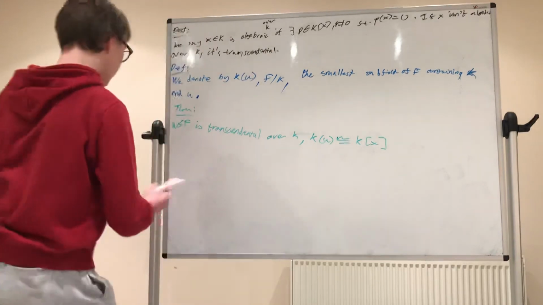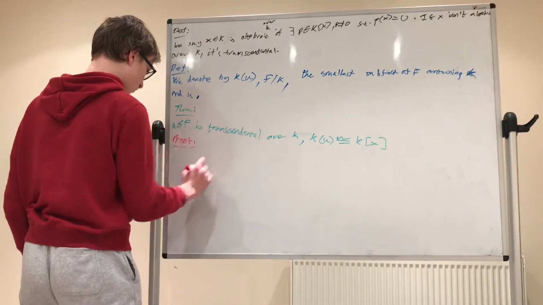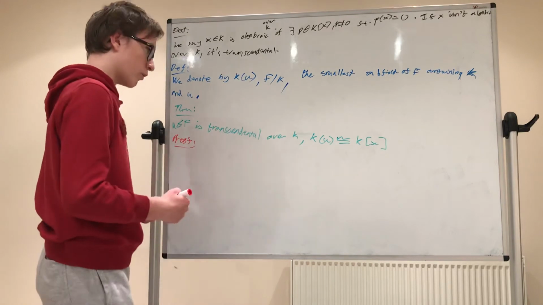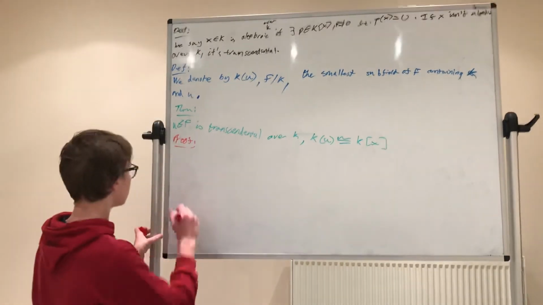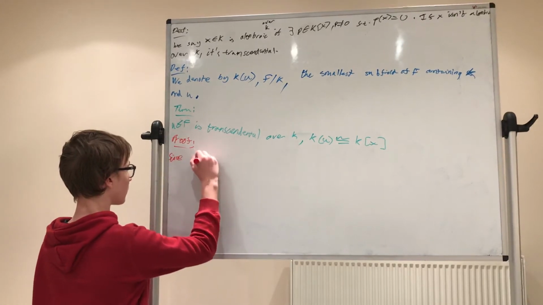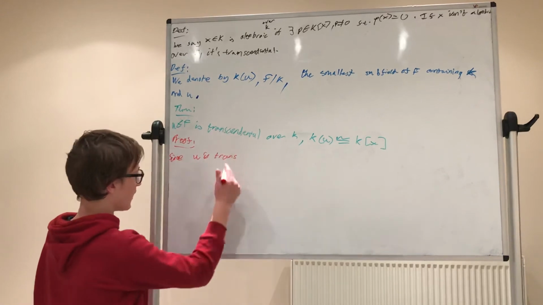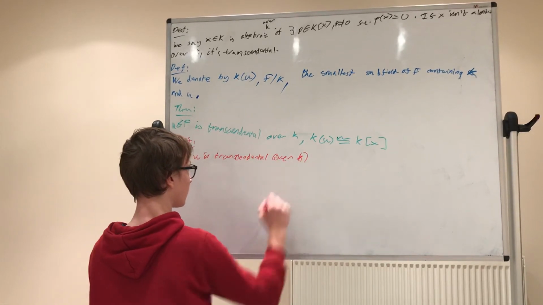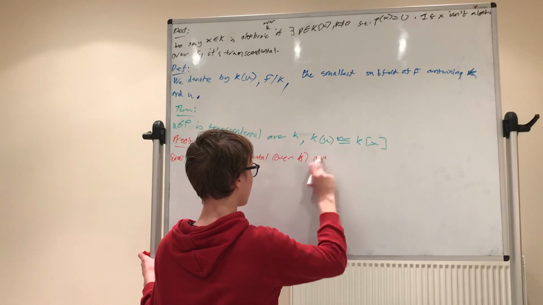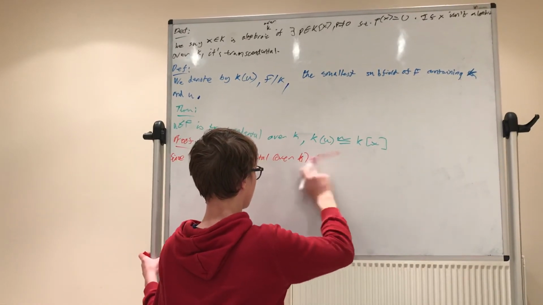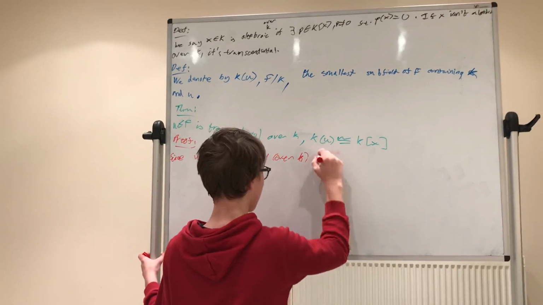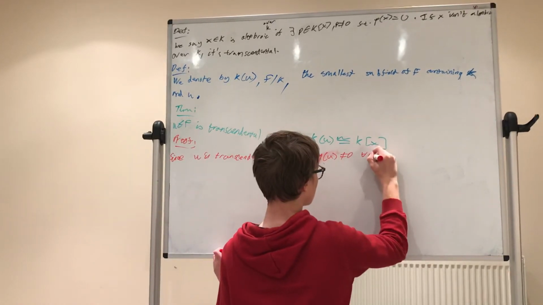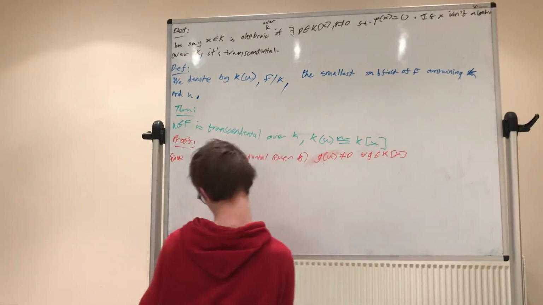I haven't used this side of the board. So, proof. It actually follows from the first isomorphism theorem for rings. Clearly, since u is transcendental over K, then g(u) is not equal to 0 for all nonzero g in the polynomial ring.